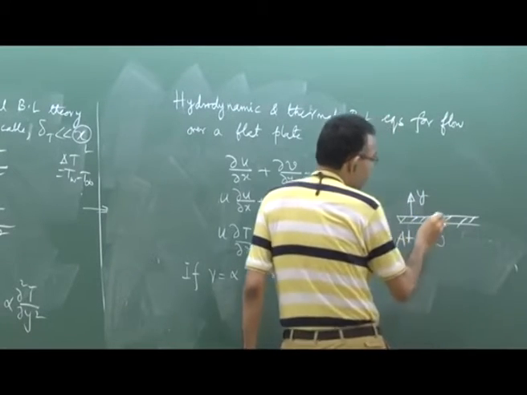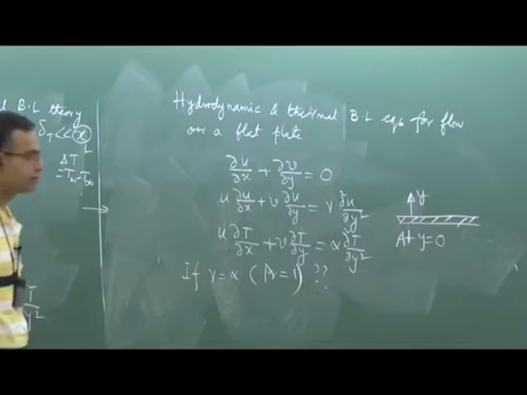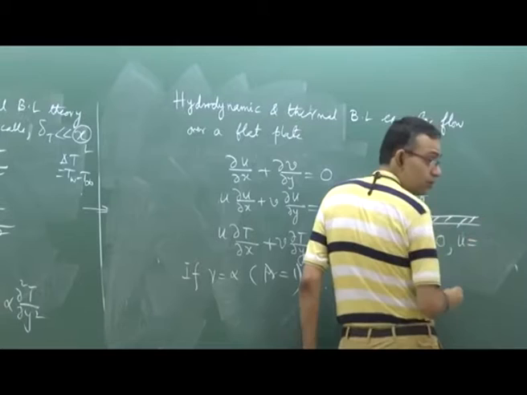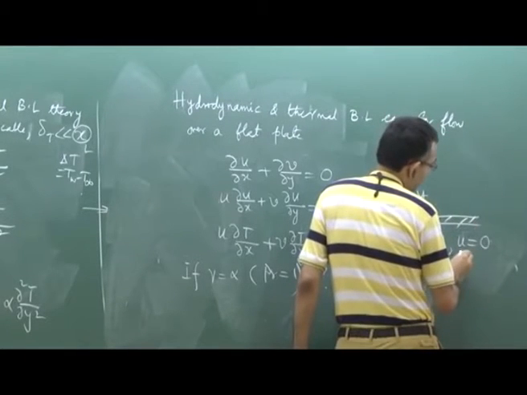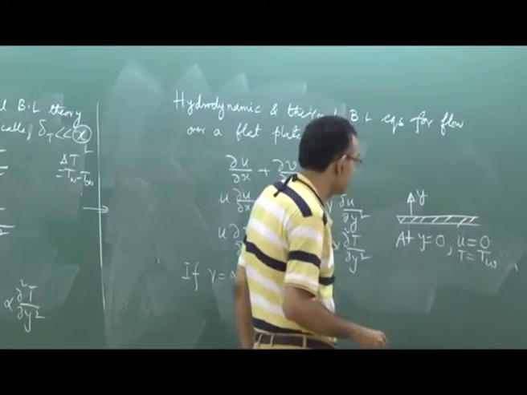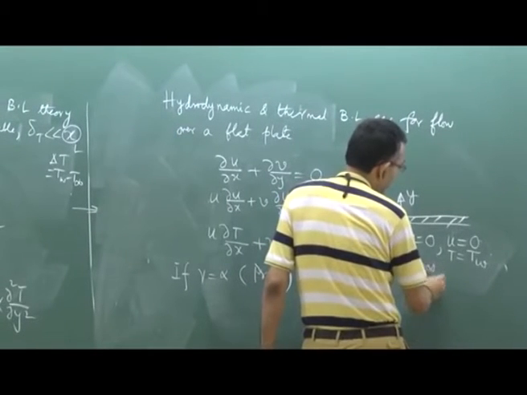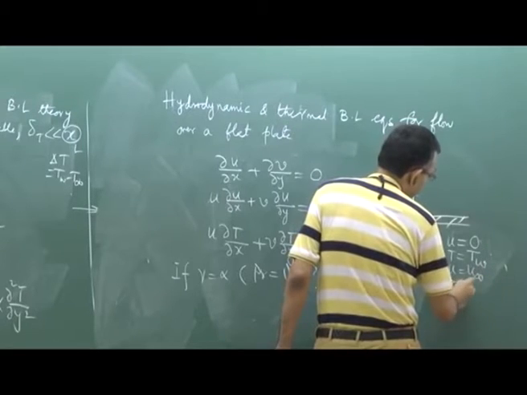At y equal to 0, what is the boundary condition? U equal to 0 and T equal to T wall, and the other boundary condition at y tends to infinity, U tends to U infinity and T tends to T infinity.